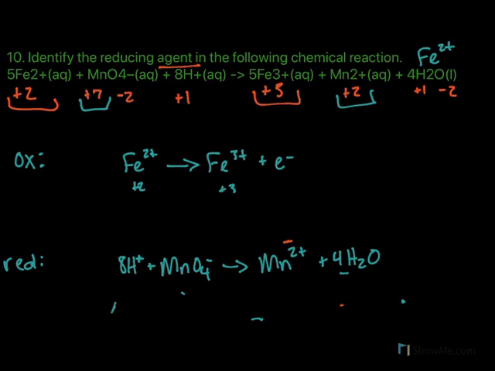So it's very similar to the last question. So we've got a +7 on this side, +2, add 5 electrons. So now here in this question, all we have to do is multiply all of this by 5 to even out the number of electrons. So that will give us our balanced reaction that we see here.